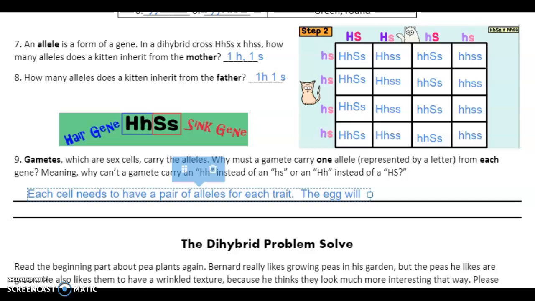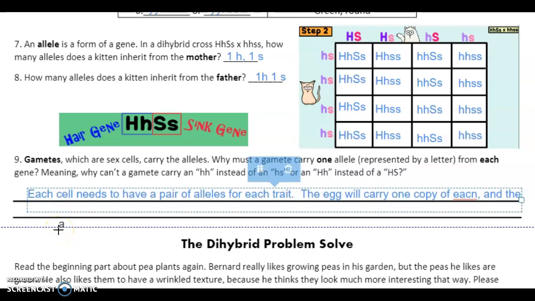The egg will carry one copy of each, and the sperm will carry one copy of each, to make a complete set at fertilization.